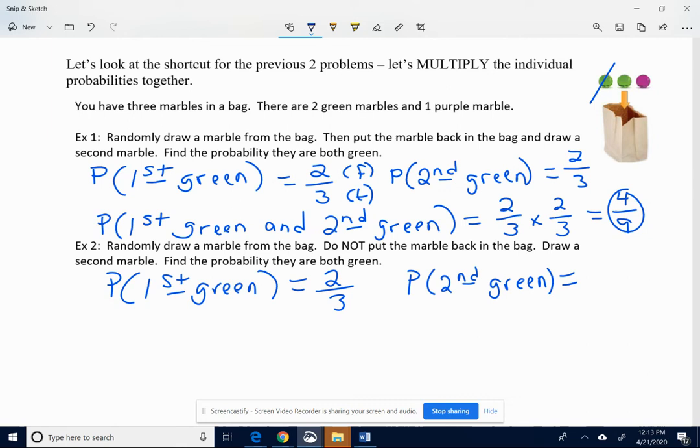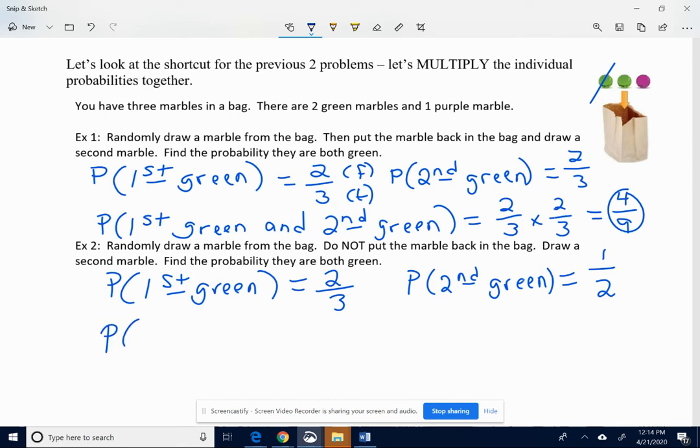So the probability of the second green, now there's 1 green, 1 favorable, there's 2 total outcomes. So now that's a probability of 1/2. Just got to be careful. If we pulled a green out, we have 1 less green when we determine the second probability.